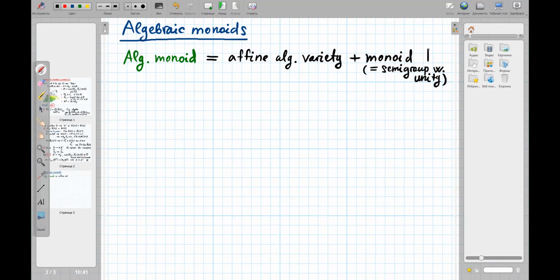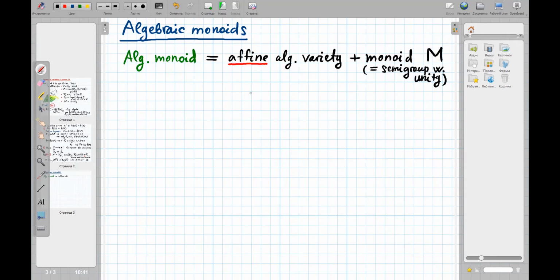So a monoid is the same as a semi-group with unity. Let me denote it by M. And the relation of these two structures, the structure of an affine algebraic variety, so let me emphasize this assumption of affinity, not to forget, and of a monoid, is that the multiplication law is a morphism.